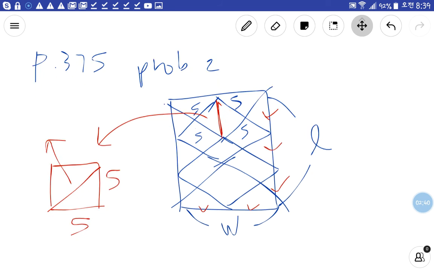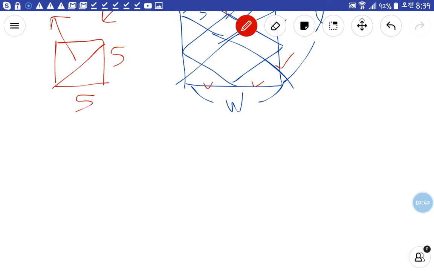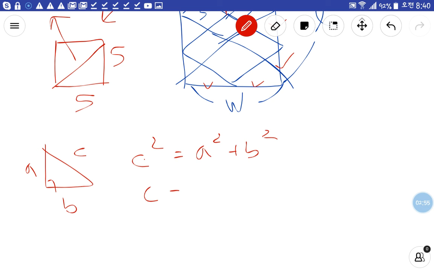You can apply the Pythagorean theorem. What is the Pythagorean theorem? If you have a right triangle with sides A, B, and C, then C squared equals A squared plus B squared. So your C would be the square root of the sum of A squared plus B squared. This time I have 5 and 5.